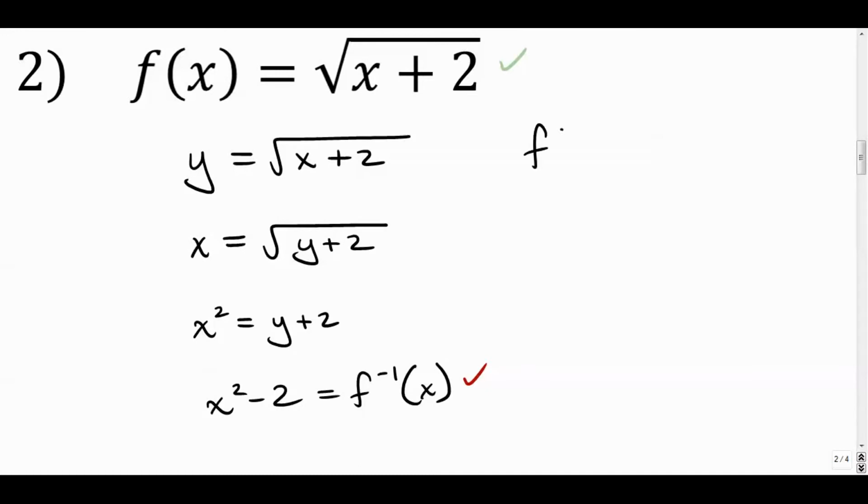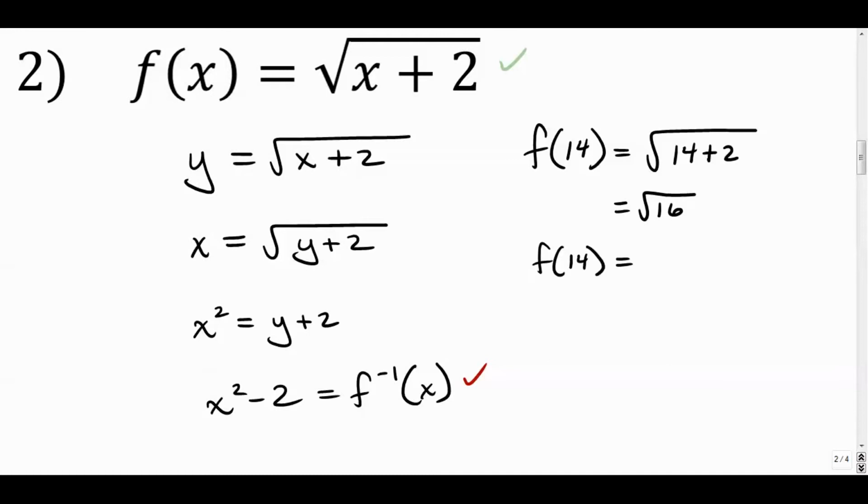Let's just pick a random number. Let's say we pick f of 14. What's f of 14? Well, it's the square root of 14 plus 2. So that's the square root of 16. 4 times 4 is 16. So f of 14 is 4.